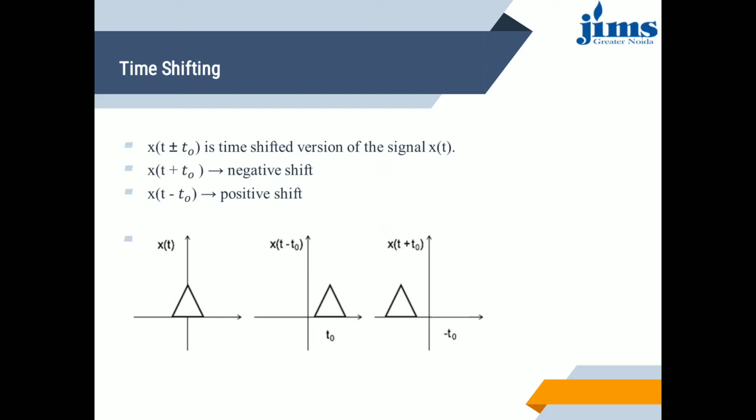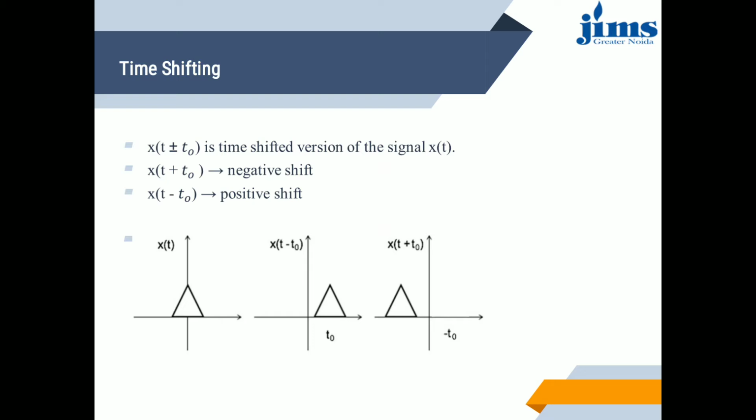In the above equation, if t naught is positive, the shift is to the right and the shifting delays the signal, and if t naught is negative, the shift is to the left and the shifting advances the signal. An arbitrary signal x(t), its delayed version and advanced version are as shown in the figure.